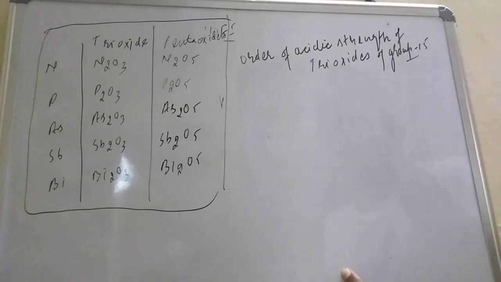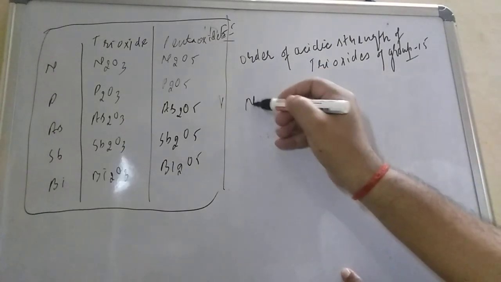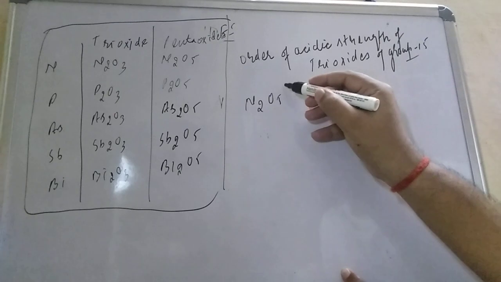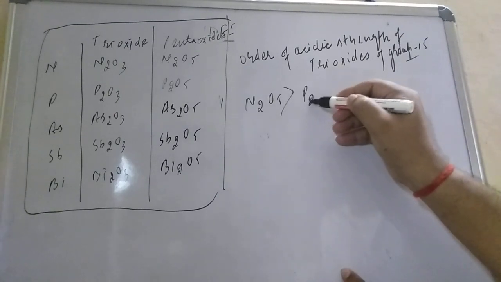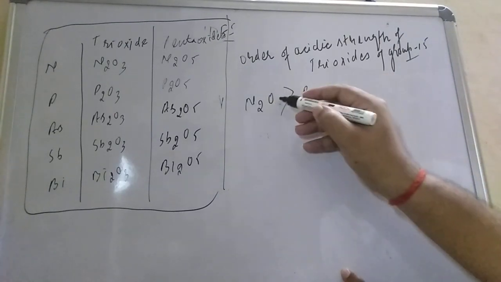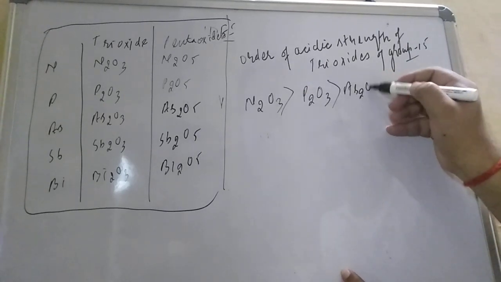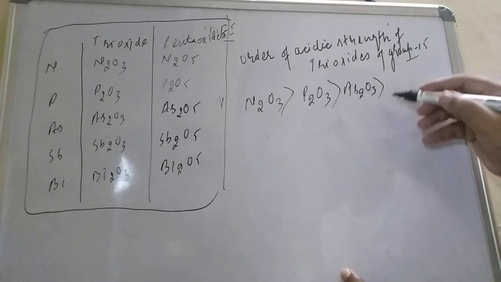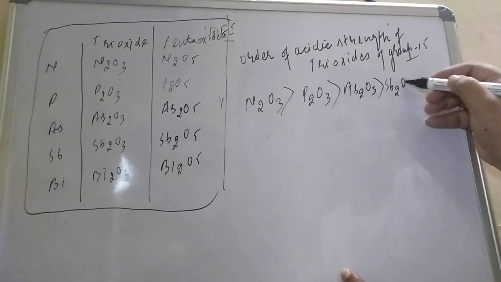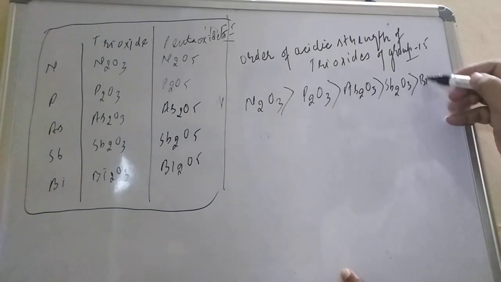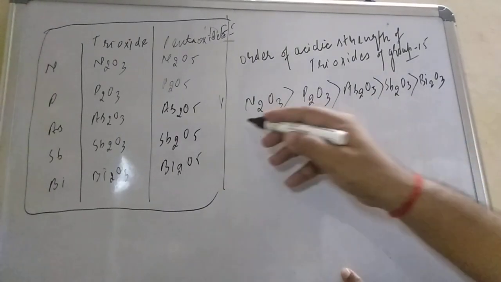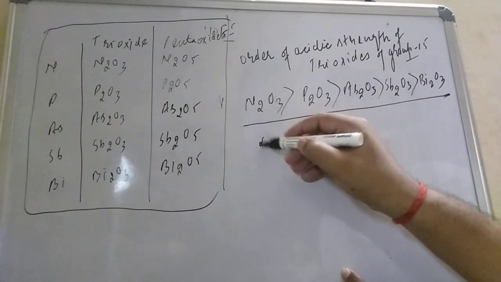If you are going through the trioxides of group 15, you see N2O3, then P2O3, then As2O3, the next one will be Sb2O3, and finally Bi2O3. So this is the decreasing order of acidic strength.